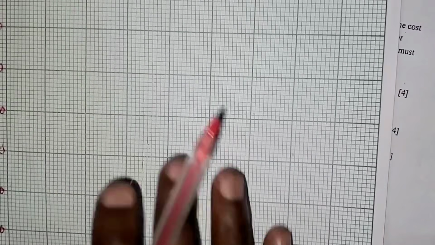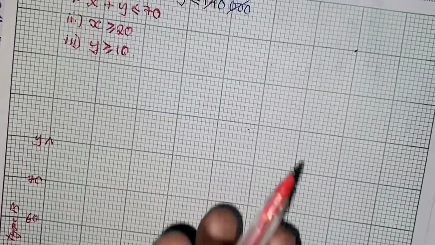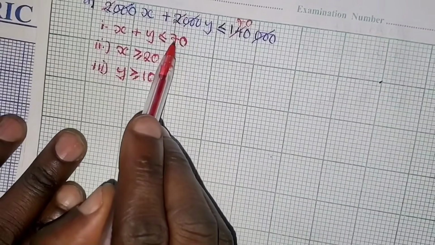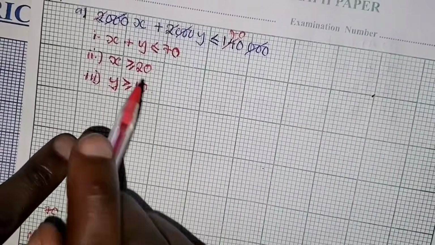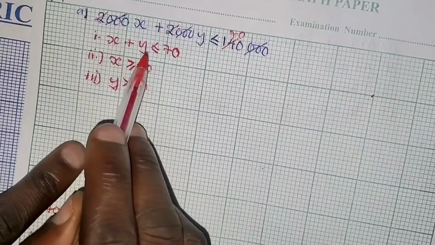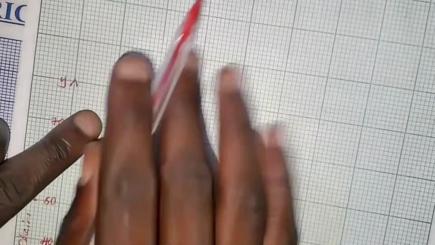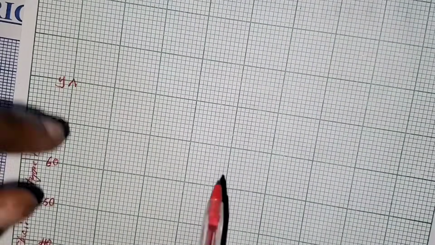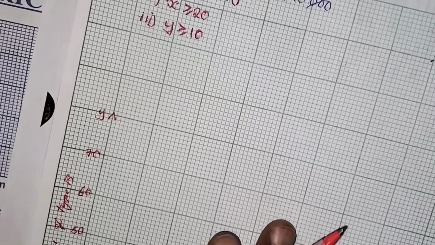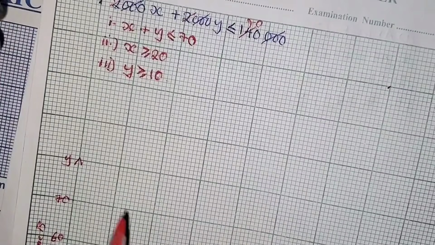Now again, if there's 180 here, then on our graph it means that it's passing through 180 on the x-axis and 180 on the y-axis. So it goes like this. Now we can graph this.